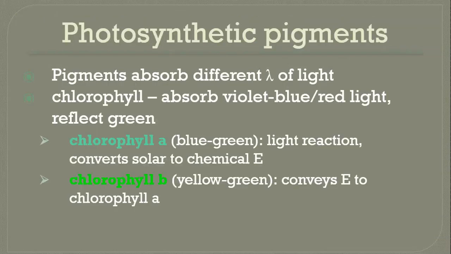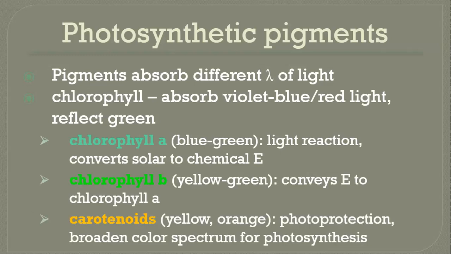Pigments. Pigments are structures that absorb specific wavelengths of light. So chlorophyll is a pigment that generally absorbs all the colors except for green, which is why most plants are green, and we observe chlorophyll as green. And there's two types. They kind of absorb slightly different colors within the visible spectrum around green. There's also other pigments, though.